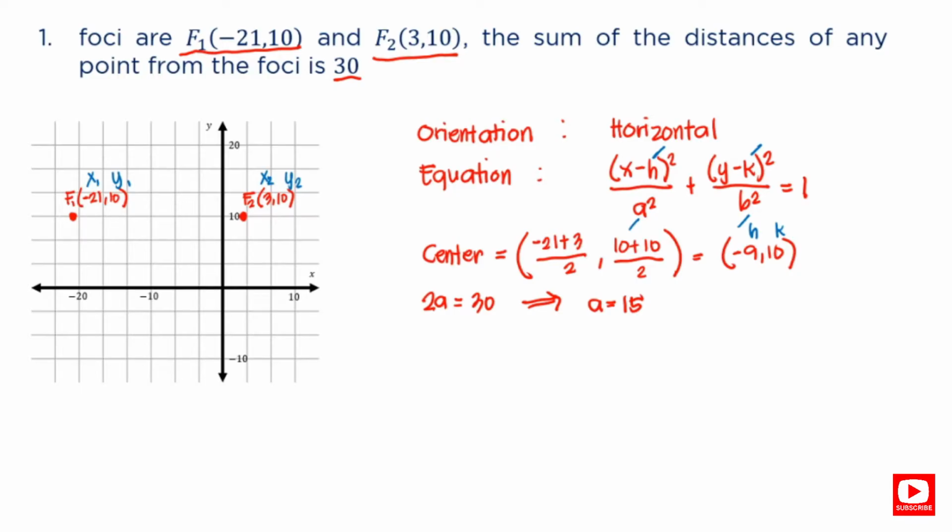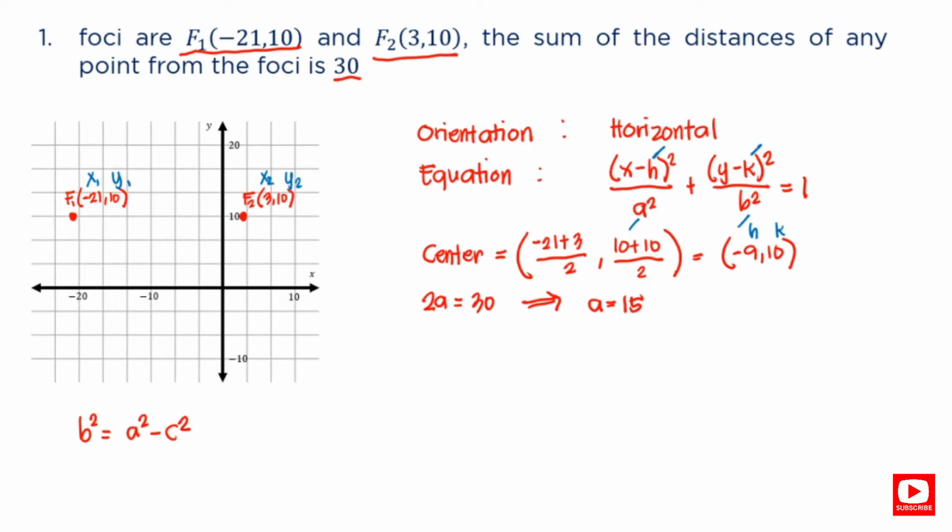b is just the distance from the center to one of the co-vertices. And since the co-vertices are not given here, we cannot use that concept. But take note, from our property, b squared is just equal to a squared minus c squared. So we can still solve for the value of b by finding the value of a and the value of c. And c is just the distance from the center to one of the foci.